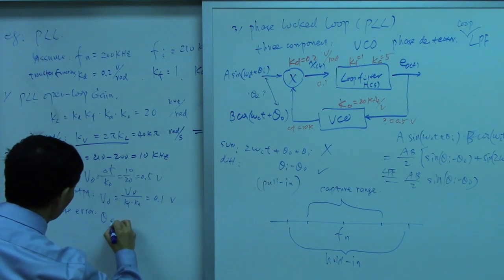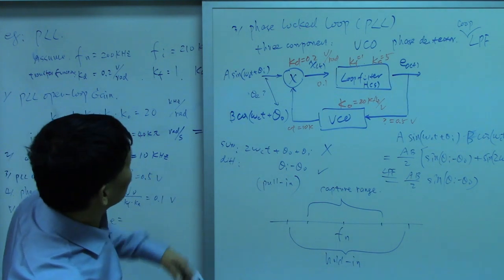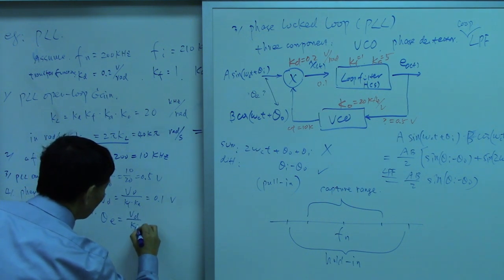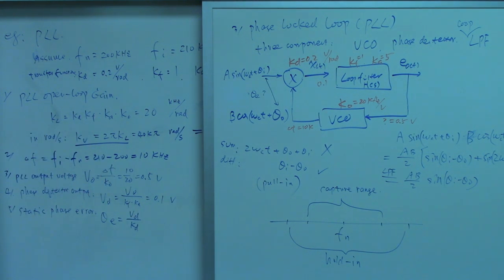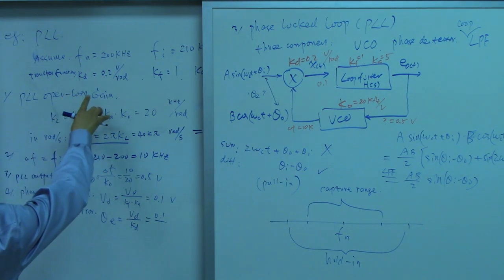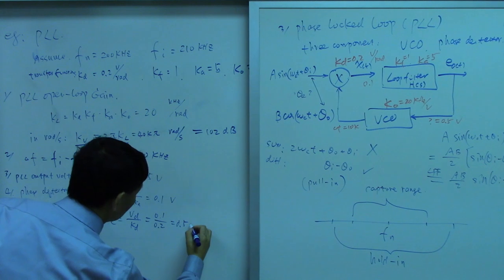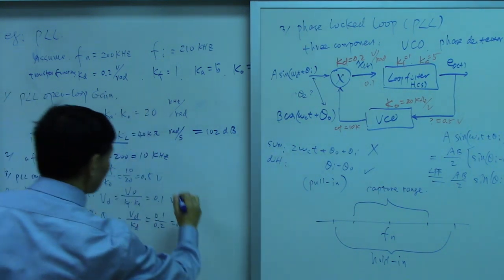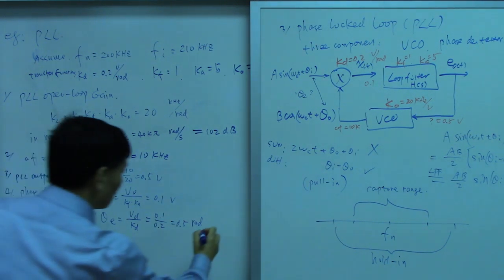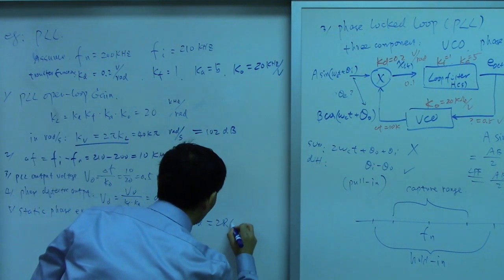Theta E equals the output Vd divided by the transfer function of the phase detector. That is 0.1 over Kd, which is given as 0.2, so it equals 0.5 radians. We make this in degrees for a better look: 28.65 degrees.